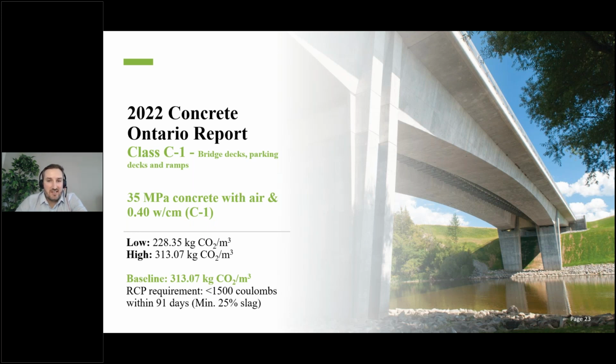So if you see any mix designs that do not have at least 25% slag, it is very, very difficult, almost impossible to achieve that coulomb rating, unless you're going to be switching to your type GU BSF, your silica fume mixes. And that is exactly why we had to set the baseline at that value. So 35 C1, 25% slag, that is the highest value you're going to see in the report, because that is exactly what is required to achieve that permeability requirement.